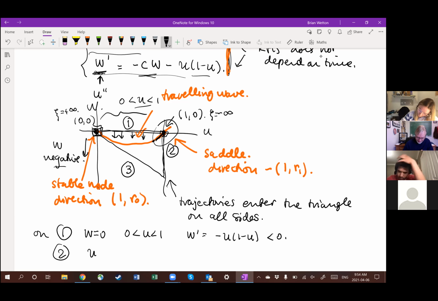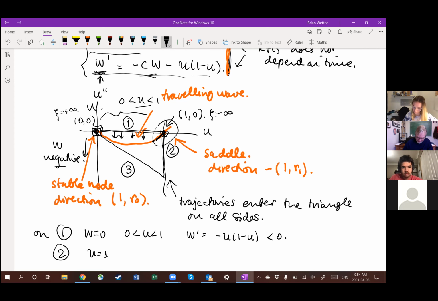This is where u is equal to 1. Here I want to show that, what do I want to show here? I want to show that I've got here that I'm showing that w prime is negative, but I don't think I want that, right?